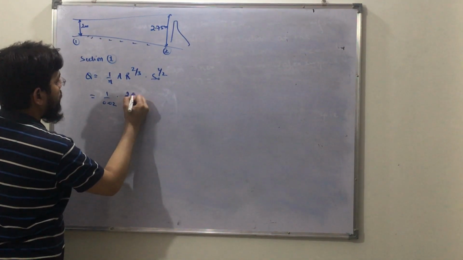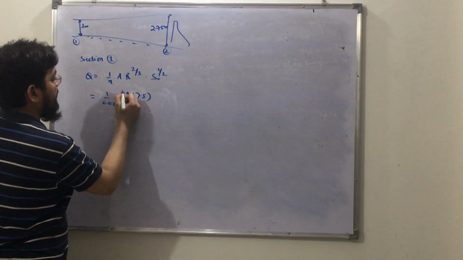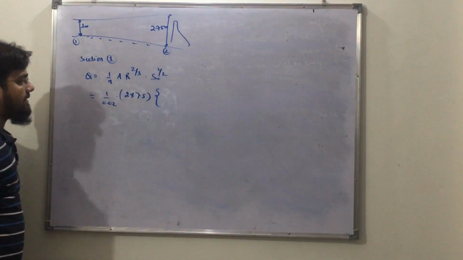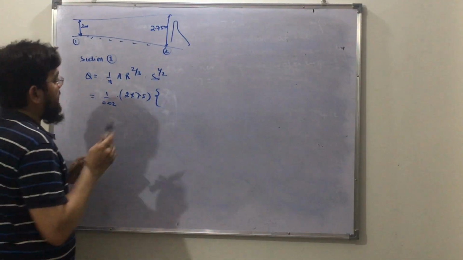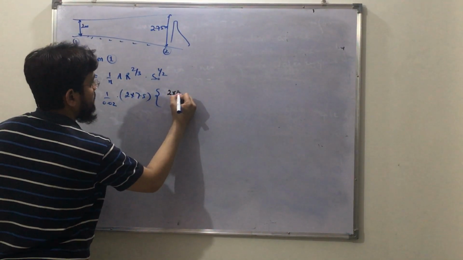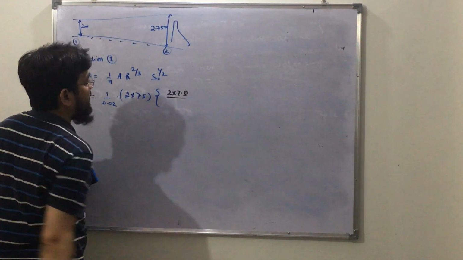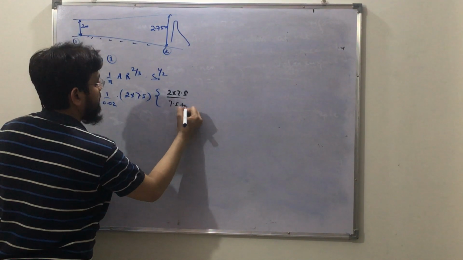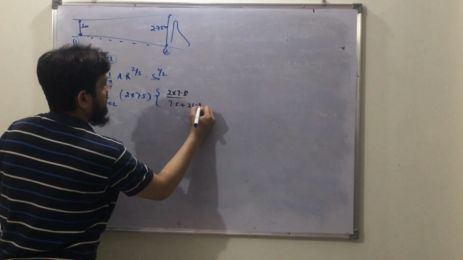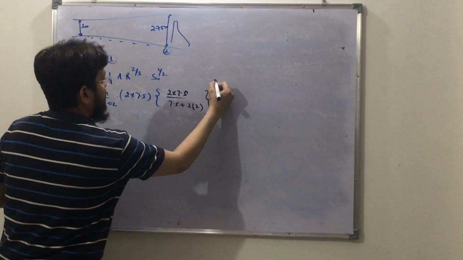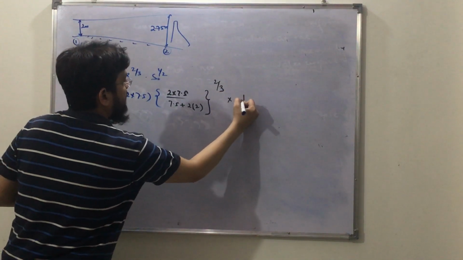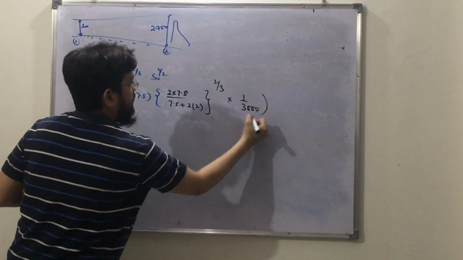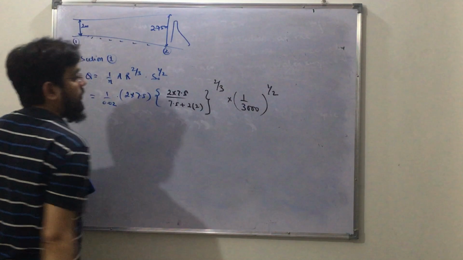What is Y? 2. So 2 into, what is R? R is A upon P. So area is again, what is P? Perimeter, B plus 2Y. What is slope given? 1 in 3000 to the power 1 upon 2.